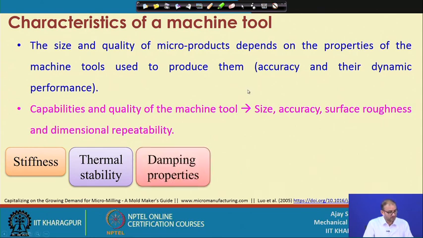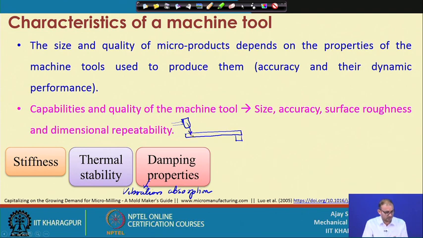Damping properties, damping property means the capacity of vibration absorption. Suppose you have one table here, let us consider, and here you have a sensor and you are hitting with a hammer at this location.